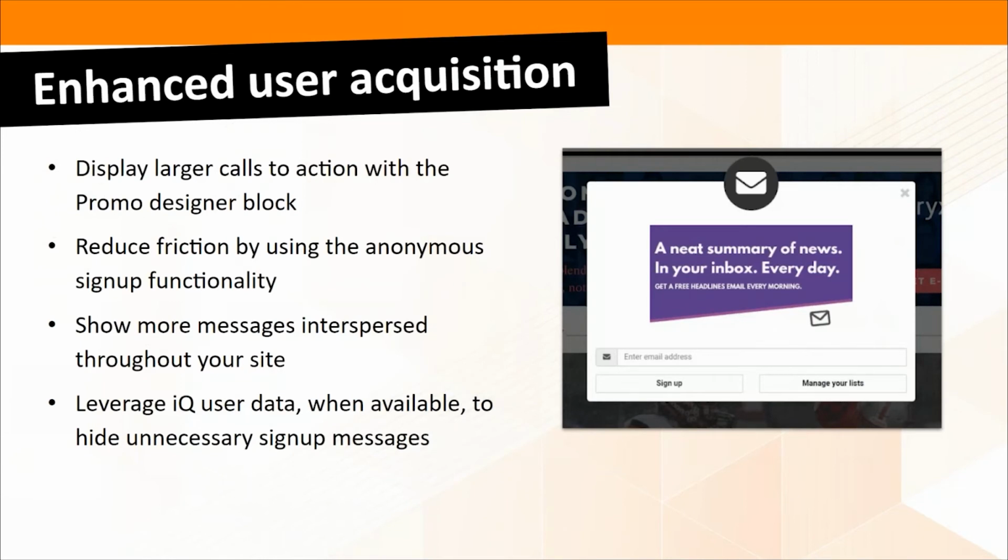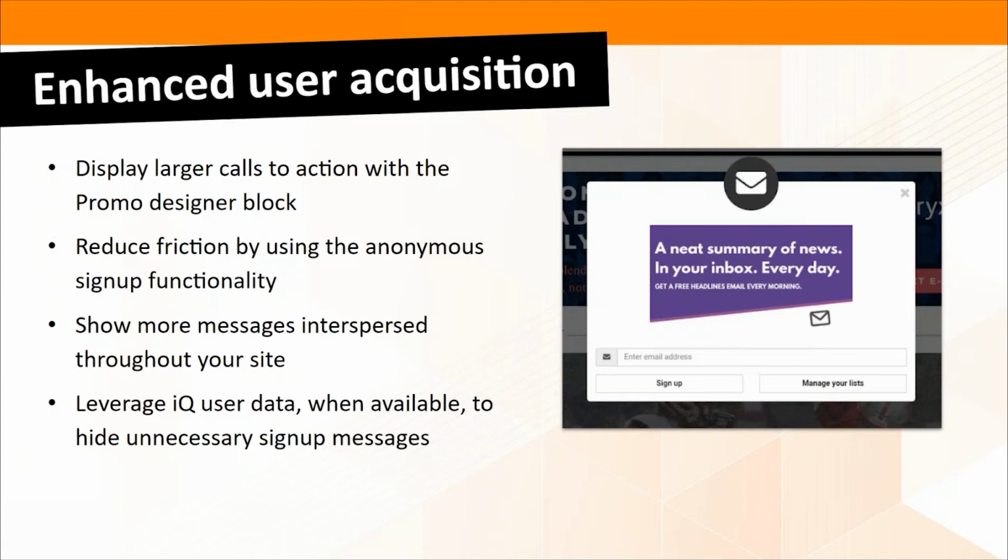One thing that we've spent the last probably 12 to 18 months on is really trying to improve how users sign up for newsletters. A lot of our customers have rolled out with our default implementation from 10 years ago, which was we'd put a sign up block in the right rail and that was it. Well, as you know, with responsive design, that right rail gets wrapped to the bottom of everything and nobody ever sees it.